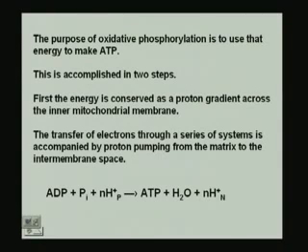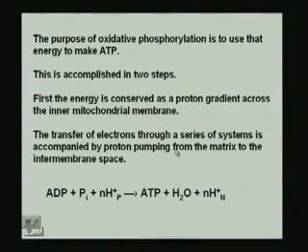Why? Because we have the proton gradient, giving you different hydrogen ion concentrations on either side of the inner mitochondrial membrane, and therefore different pH values. So we have a free energy contribution due to the delta pH, and a free energy contribution due to the membrane potential, because we have the negative and the positive sides of the membrane.